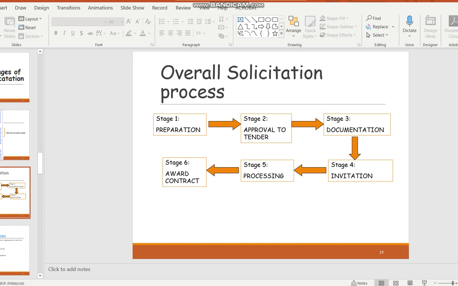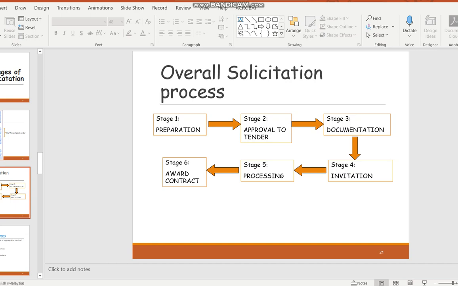So in the preparation stage, we are essentially going to prepare all the legal documents, the contracting documents, and the contracting strategies. After your requisition is complete, you need to send it up for approval for tendering.